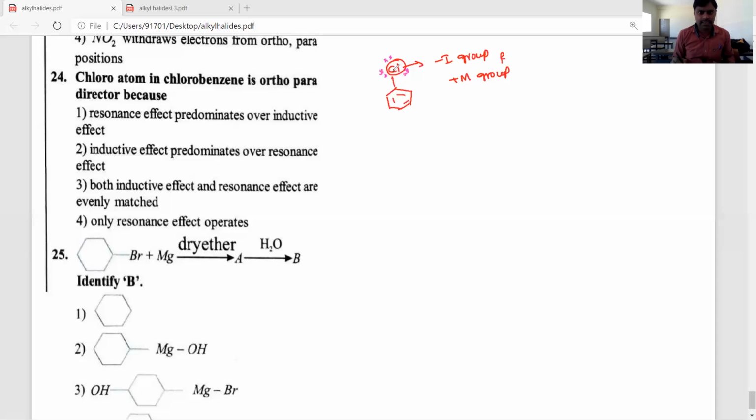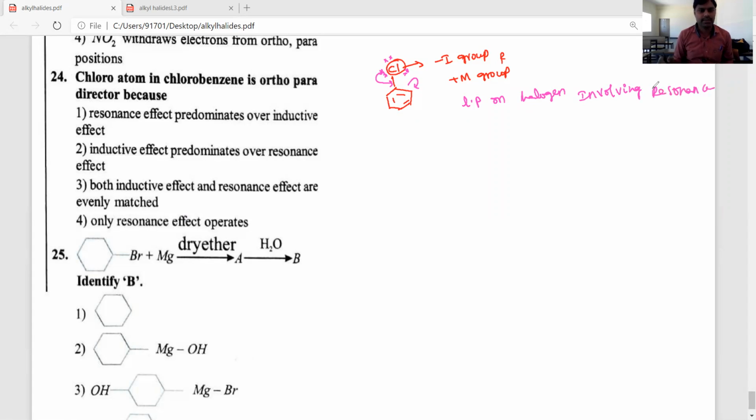So the lone pair electrons on halogen are involved in resonance.